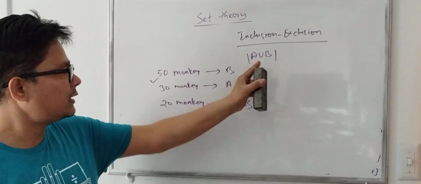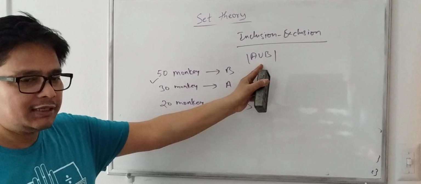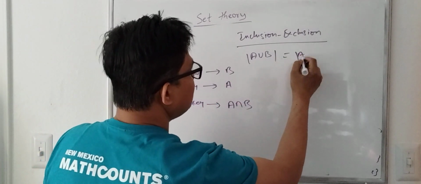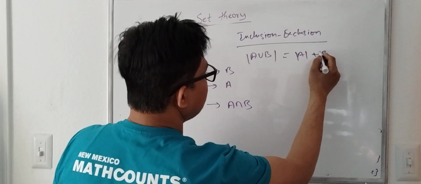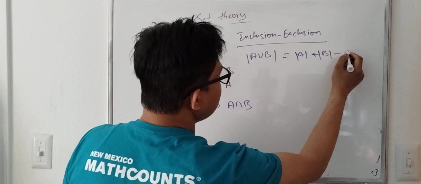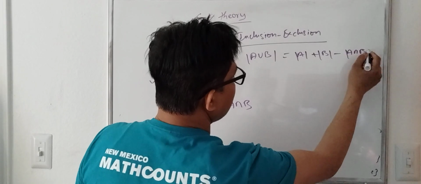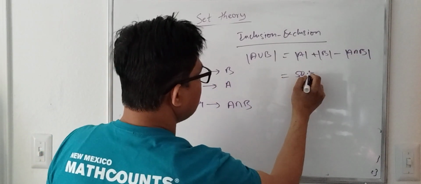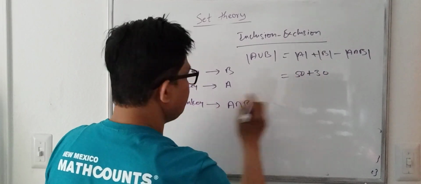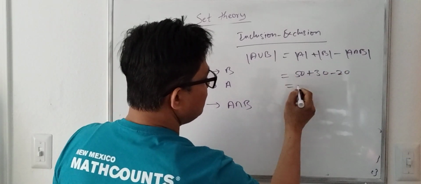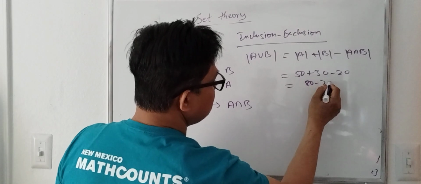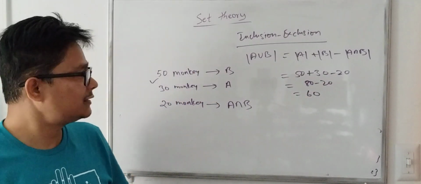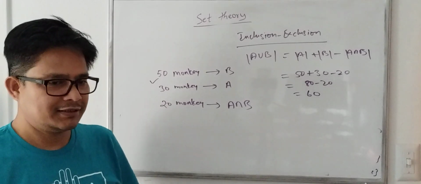Then I have to find A union B, which is the number of monkeys in A, plus the number in this group, minus A intersection B. So what is A? A is 50, B is 30, and A intersection B is 20. This is 80 minus 20, 60. There are 60 monkeys in the jungle.